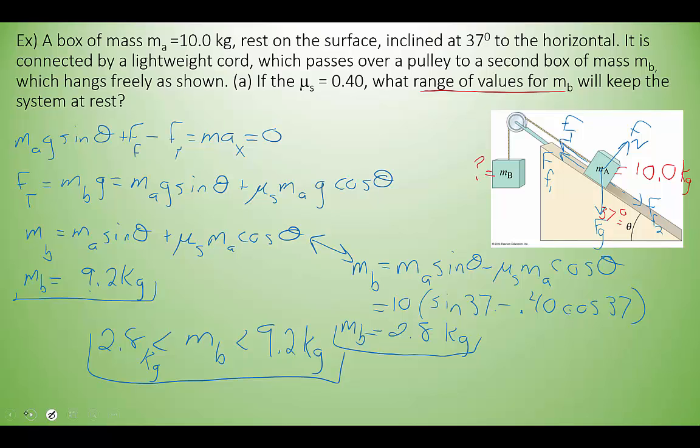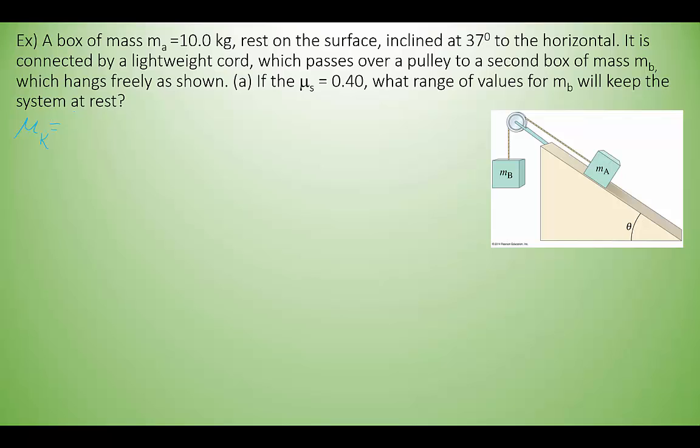Let's see what happens in that case. Let's say that the coefficient of kinetic friction is 0.30, and we know that the hanging box is going to have a mass of 10 kilograms, just like the one on the slide is.